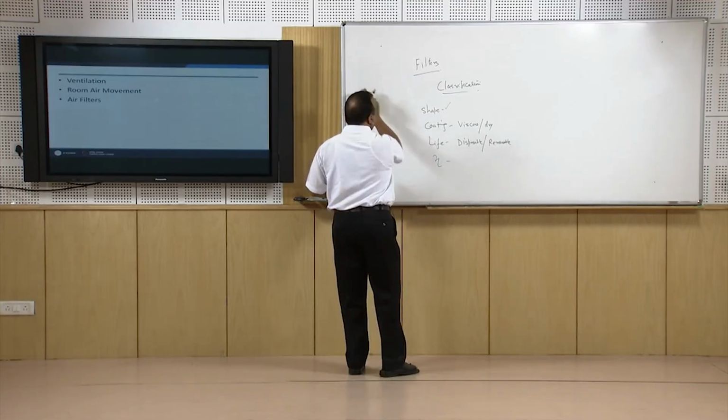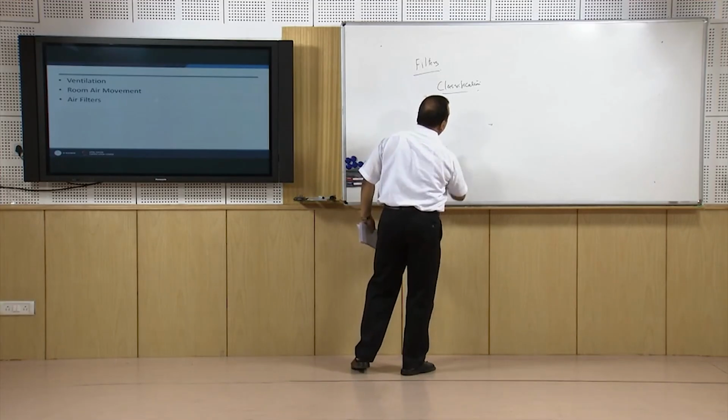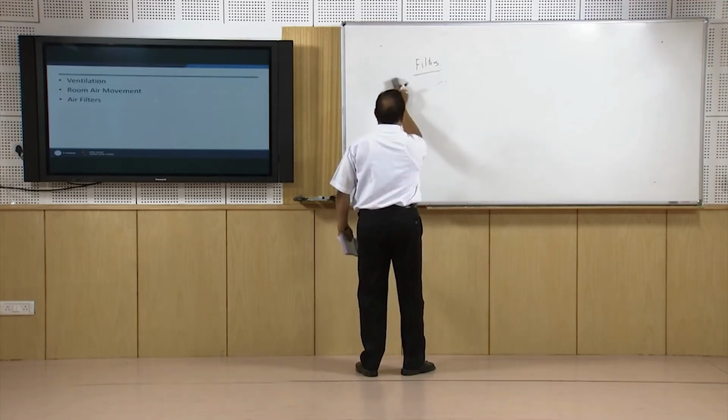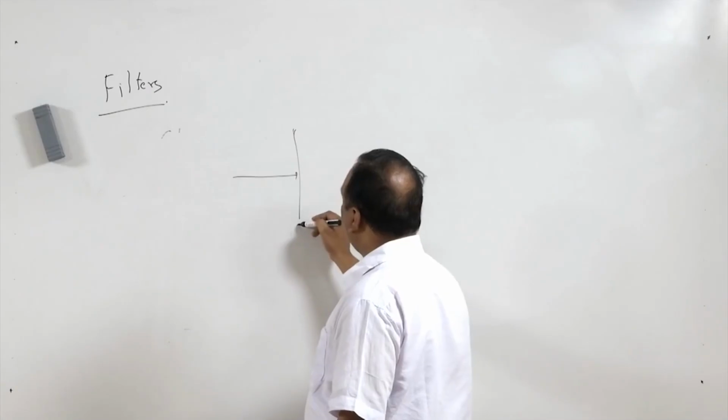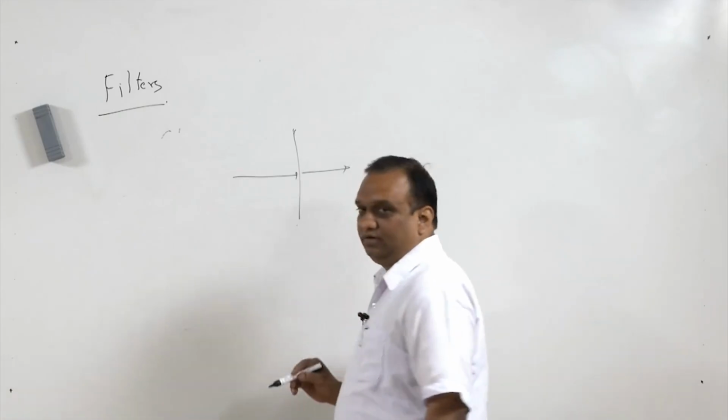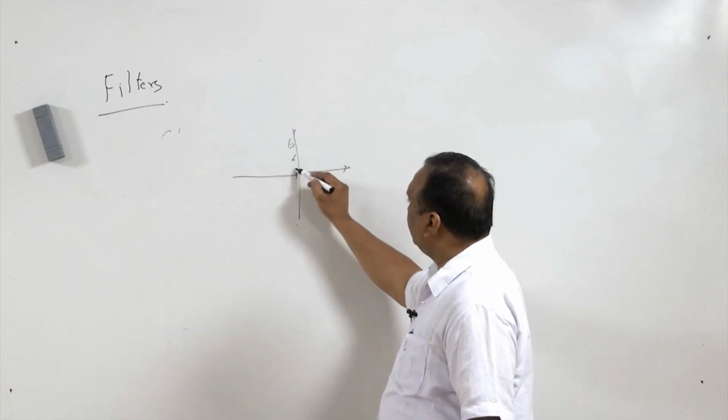And the mechanism: first is direct interception. The air stream is coming to the filter, direct interception of the air, and air goes out, particles will be retained here.